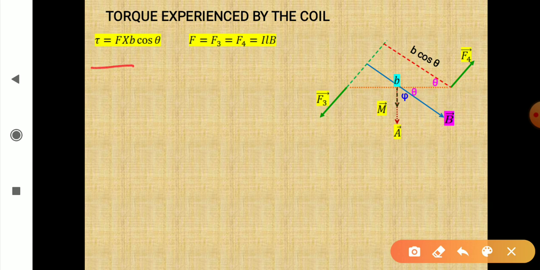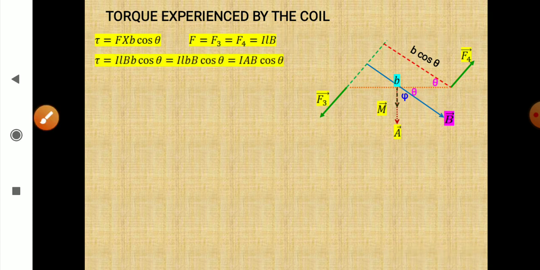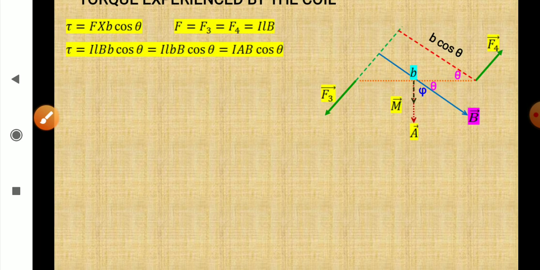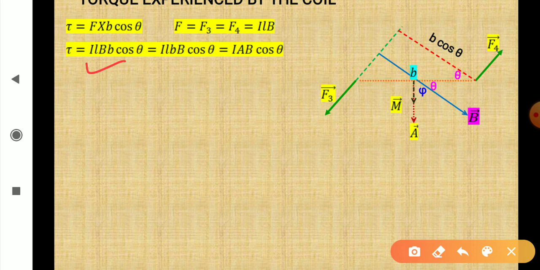So torque is equal to force into the perpendicular distance between them, which is B cos theta, and F3 and F4 have the same magnitude, ILB, right? So putting the value of F here, we get the torque as ILB B cos theta.